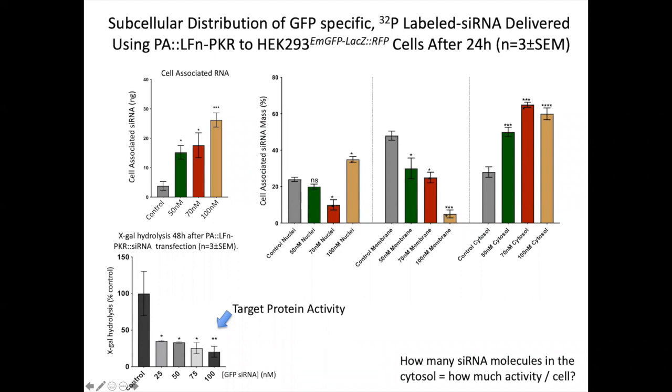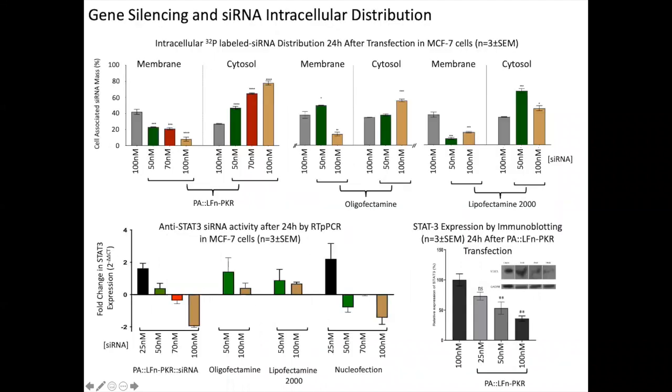Next slide, please. We can also see the way that the PA-LFN system compares with a number of other commercially available transfection systems, which are serving here as positive controls. And you can see here membrane versus cytosol in MCF7 cells when we use PA-LFN PKR to deliver our 32P labeled oligo versus oligofectamine and lipofectamine.